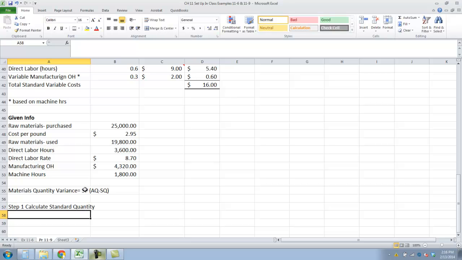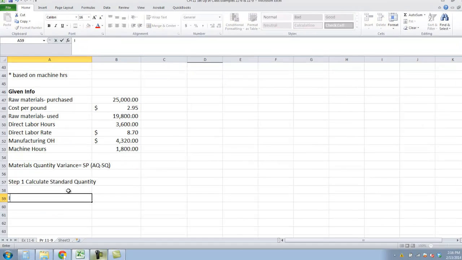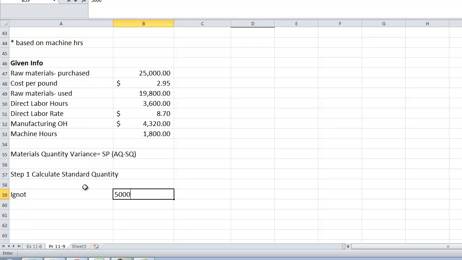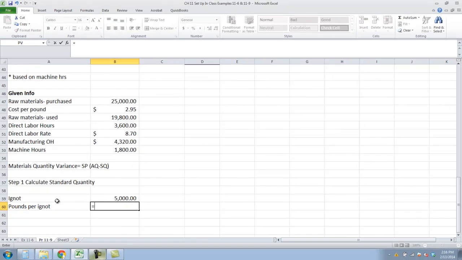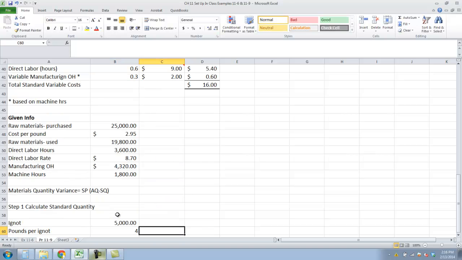So we have raw materials used, we have sales of ingots of 5,000 units. So this is how many we sold this month. And pounds per ingot. So our standard pounds per ingot is direct materials, 4 pounds.